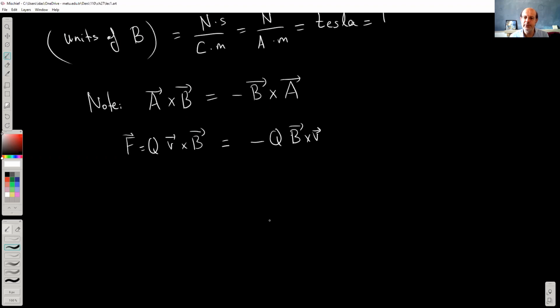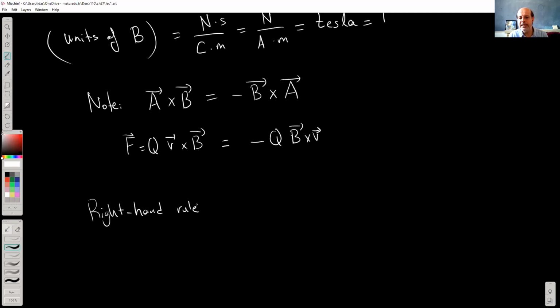A lot of directions will become important because of this thing in here. So because of the cross product in the definition, we have to use the right-hand rule all the time. Again, I'm going to say right-hand rule.